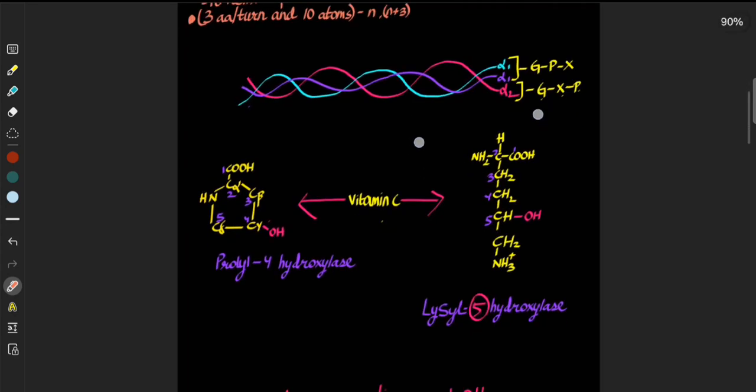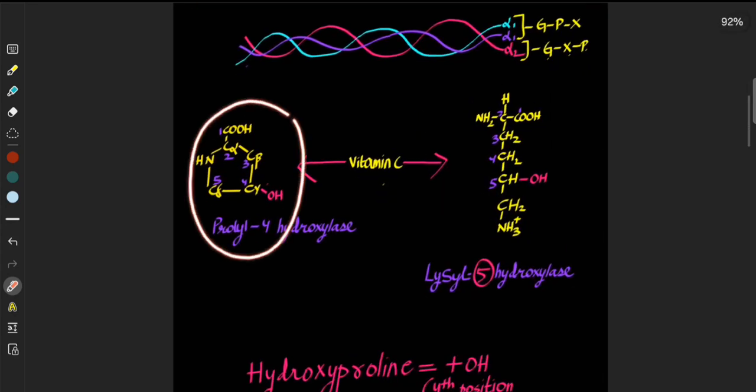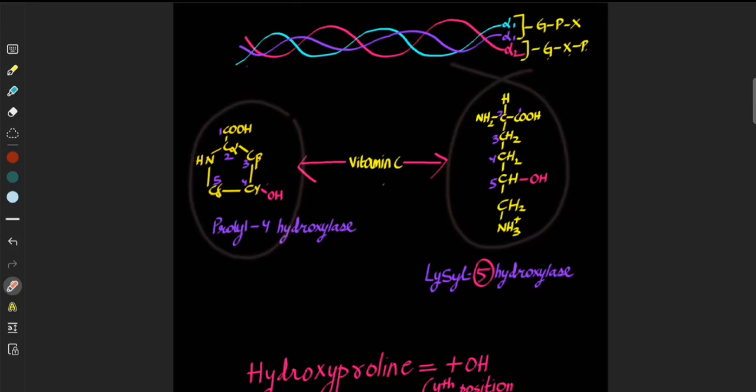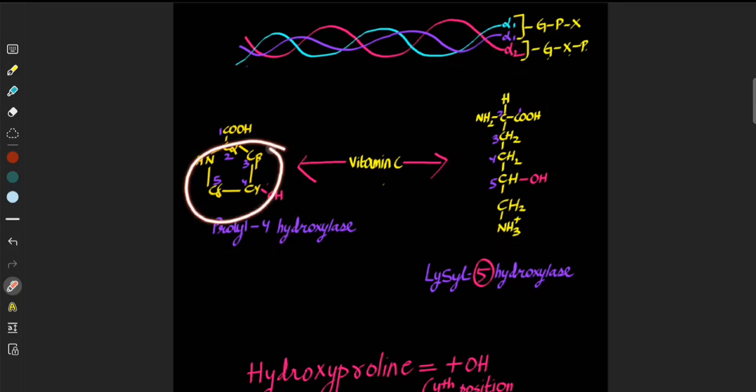Then we studied the structure of proline and lysine as well, right? Proline has a pyrrolidine ring, and this ring is actually a helix breaker, but this ring is also present in beta helix and it forms collagen, and it is responsible for the steric hindrance, which stabilizes the collagen molecule as well, right?